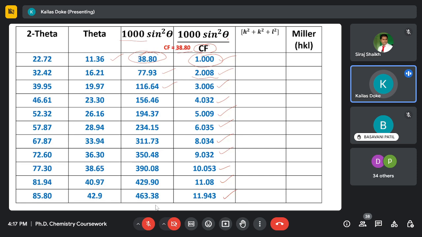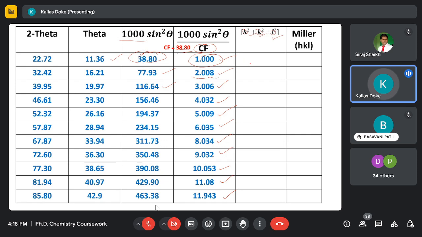So these are the pre-calculation of Miller indices. So this 1 is approximated as 1. 2.00 is approximated as 2. 3.006 is approximated as 3.